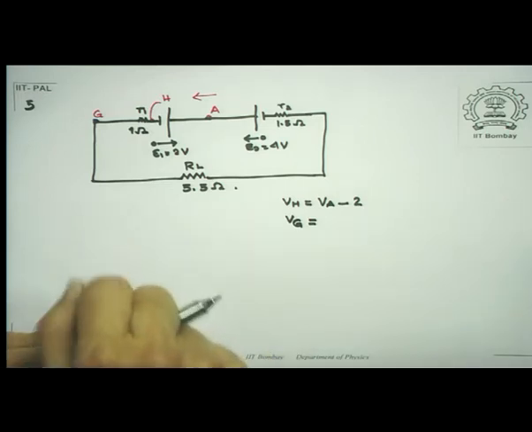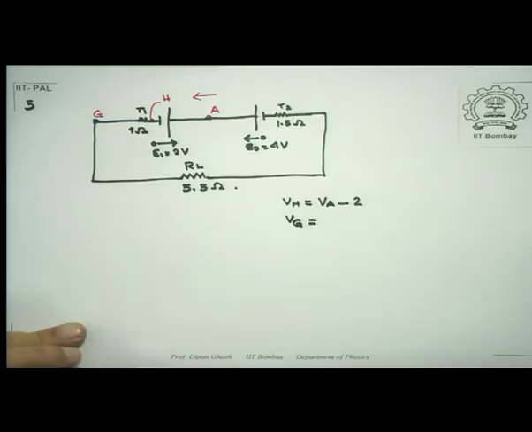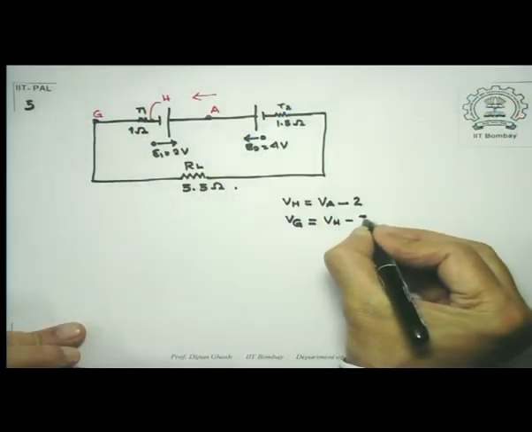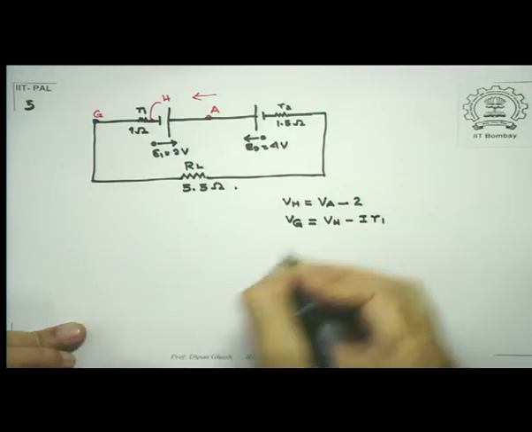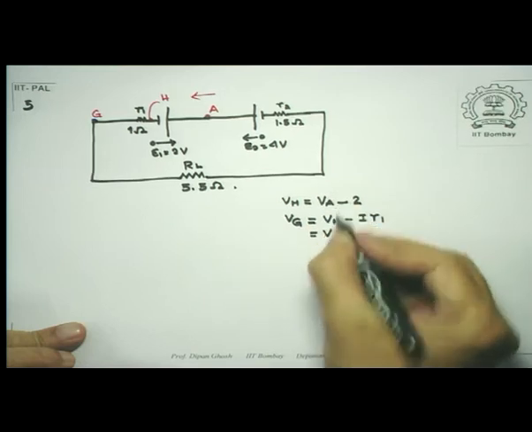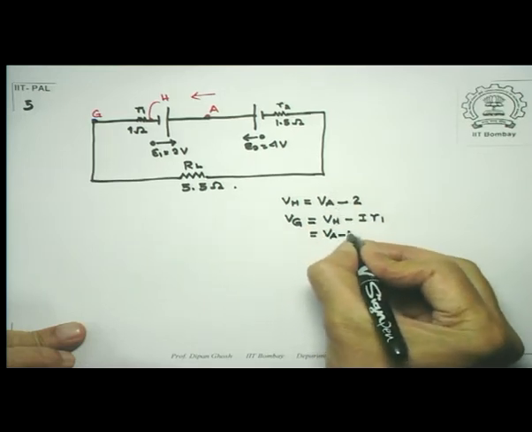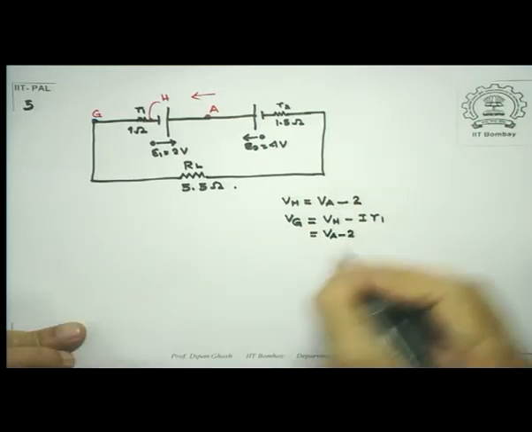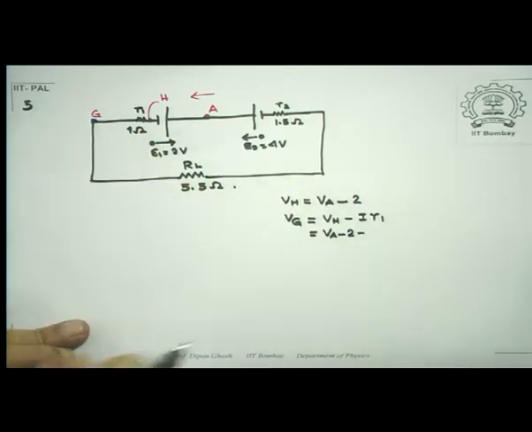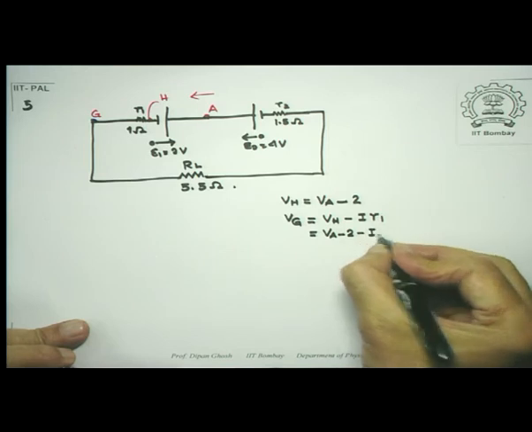We have said if you are going in the direction of current, then potential would drop by an amount I times R. So therefore, Vg is equal to Vh minus I times R1, which is equal to Va minus 2 minus I times 1 ohm. So let's write it as I times R1.